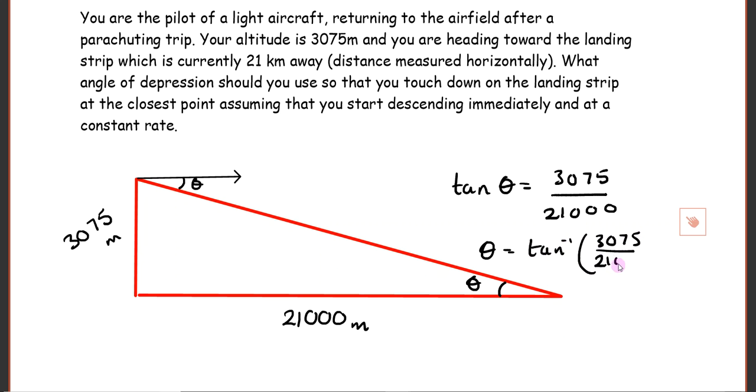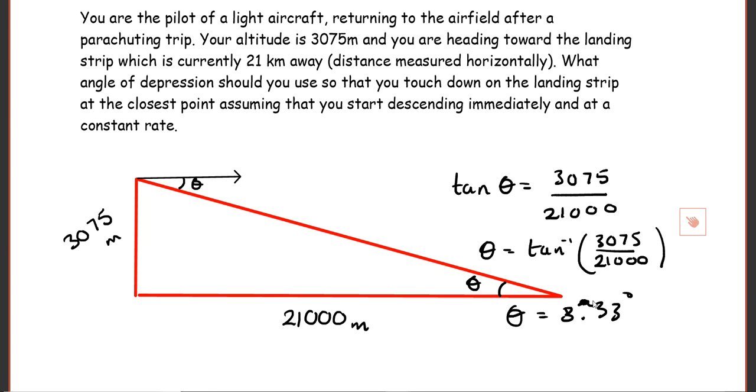And we get something like 3 degrees, was it? I'm trying to remember off the top of my head. It was 8.33. Yeah. You knew there was a 3 in there.